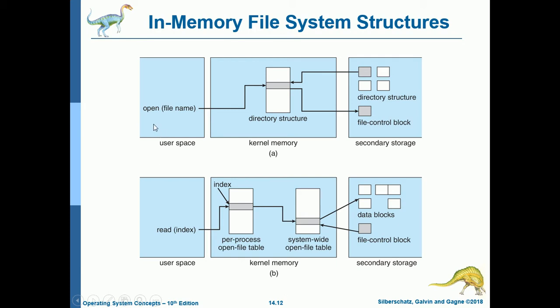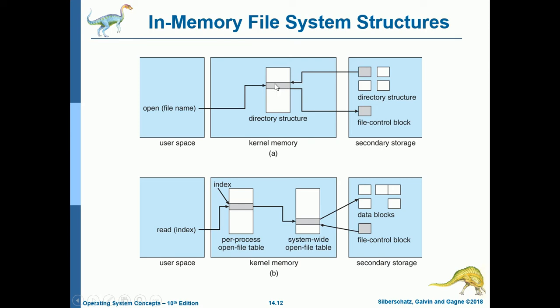file. For example, if you're going to open a file, you're going to click the icon of that particular file. What happens here is that the system call will go to the kernel memory, and then it's going to access the directory structure where the file name is located, and then next it will get from the file control block the details about the file, and this is the contents for that file, and then it will be sent back to the kernel memory.